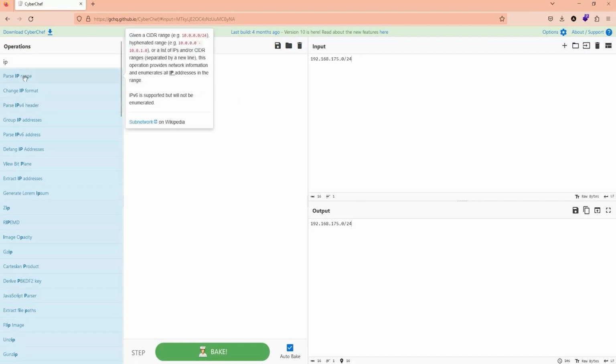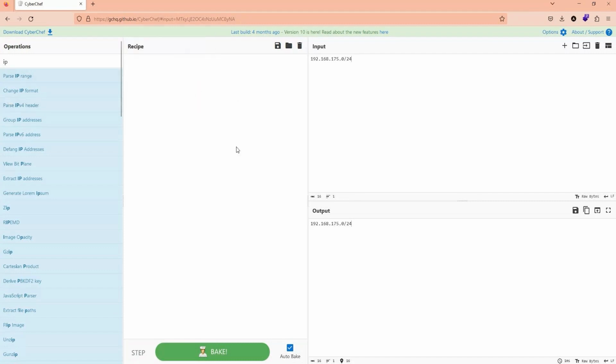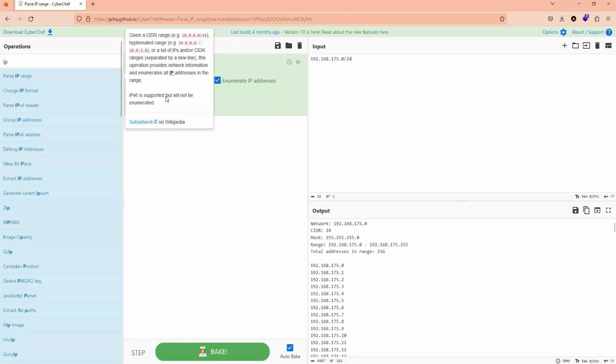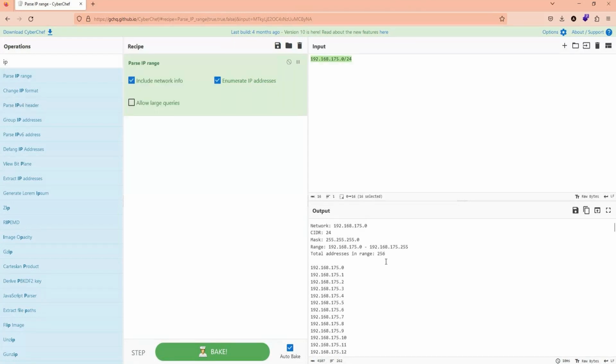First, let's choose this. And the recipe is parse IP range. I've given the input 192.168.175.0/24 and it gave me the list of all the IPs that are there, right? So rather than writing them on your own, you can use it, right? So lots of things are there that you can use in this chef, right?